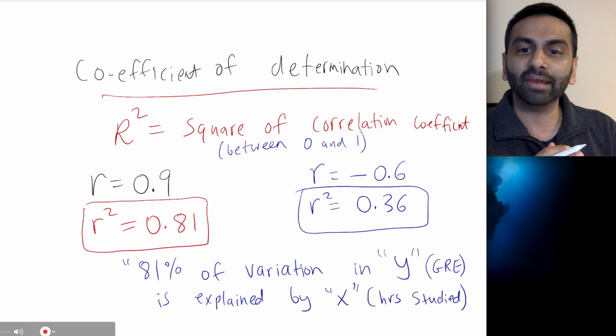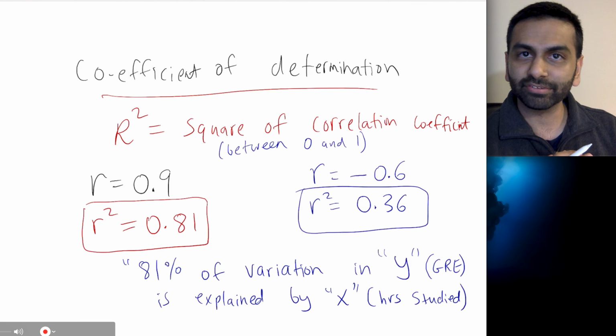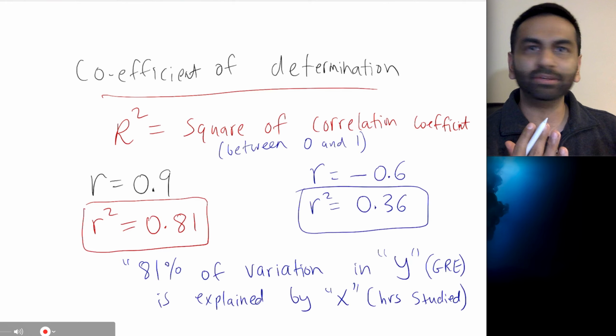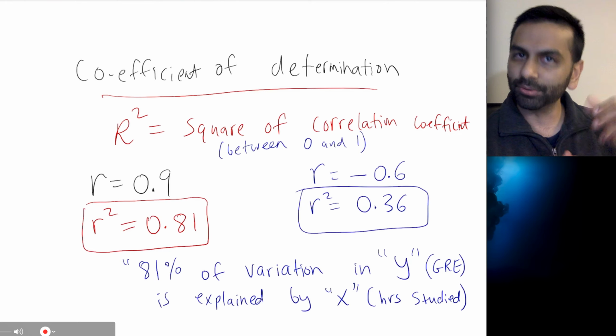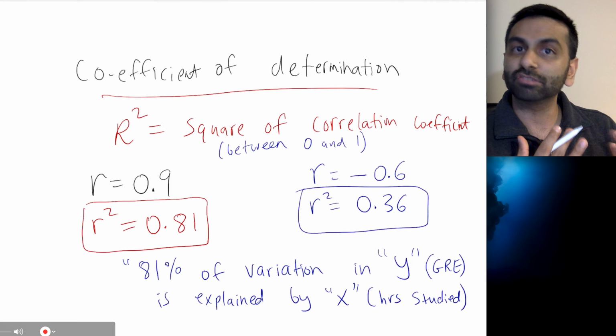So this is saying, if everybody studied for the exact same number of hours, 81% of the differences that we observe in GRE scores would go away. There would still be some difference, right? There would still be 19% unexplained.